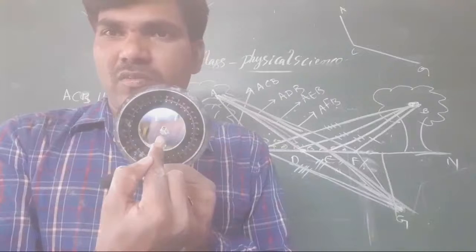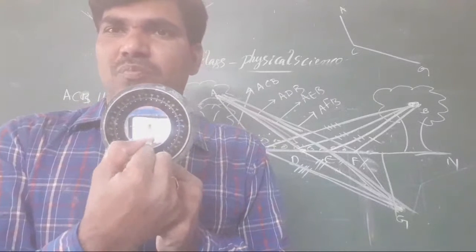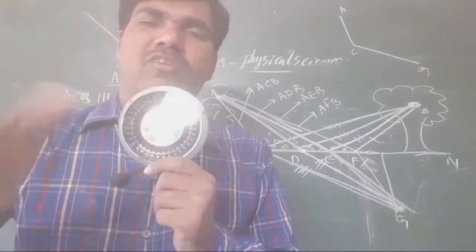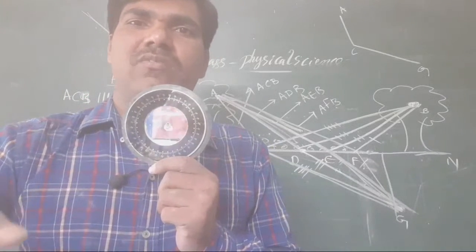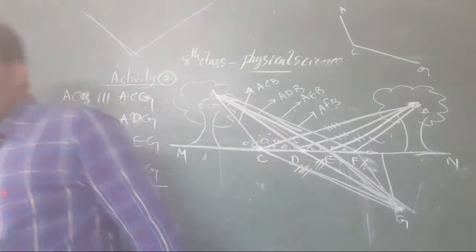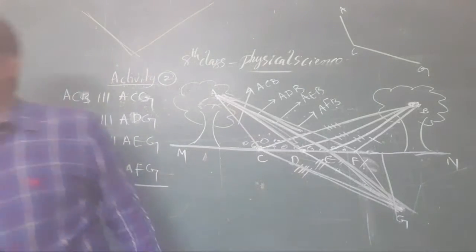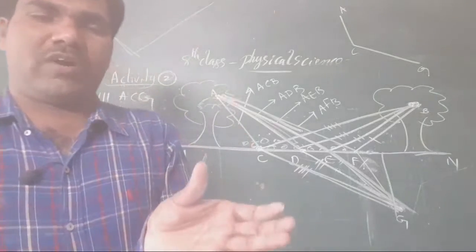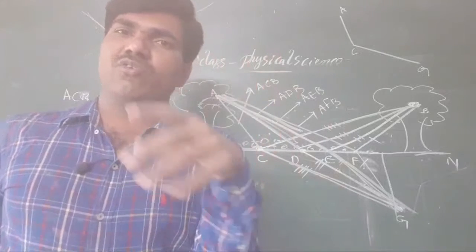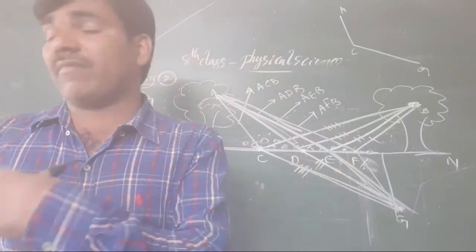Observe the image that appears in this mirror. Then change the position of the object, and the size of the image and everything. Once you change and observe it, you will get the ideas.